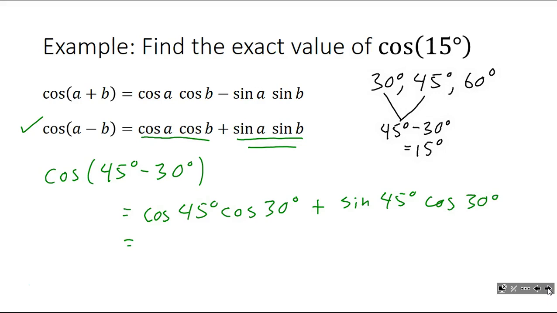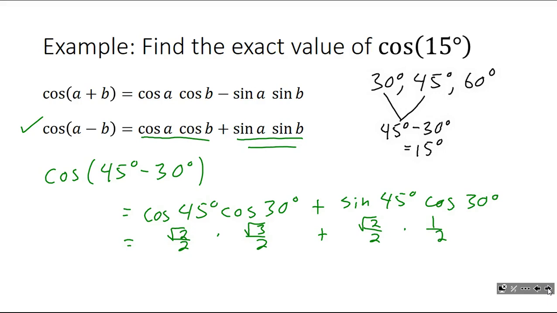And of course, knowledge of the unit circle is indispensable. Here again, that first cosine is the square root of 2 over 2, and the second one is the square root of 3 over 2. Over here to the right, the sine of 45 is square root of 2 over 2, and the sine of 30 is just equal to 1/2.